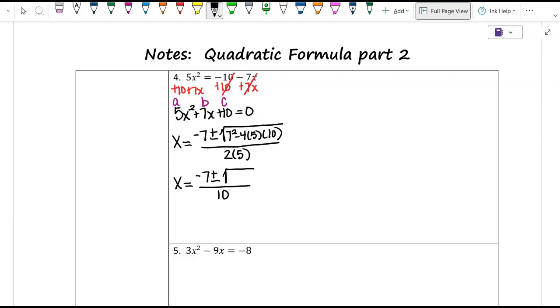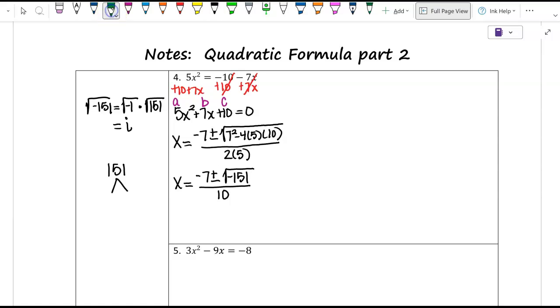What number goes under that radical sign? Negative 151. That negative tells me now I'm going to have an imaginary solution. The square root of negative 151 equals the square root of negative 1 times the square root of 151. So I know the square root of negative 1 is going to give me I.